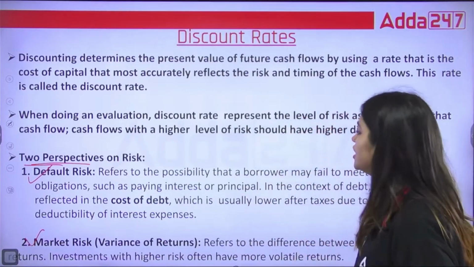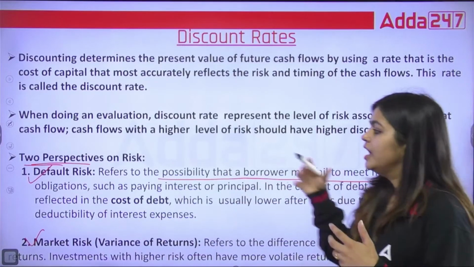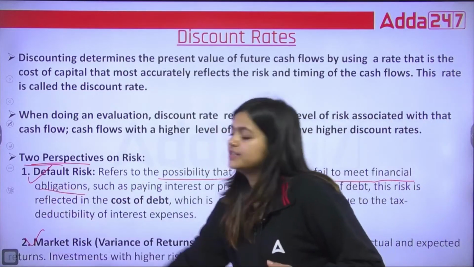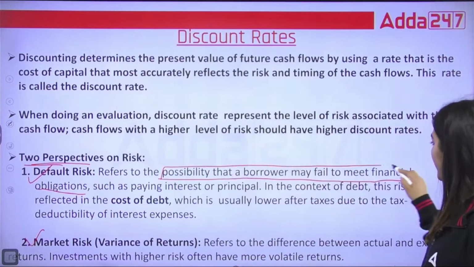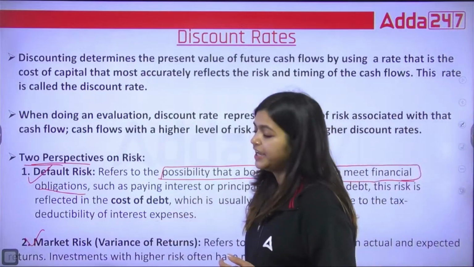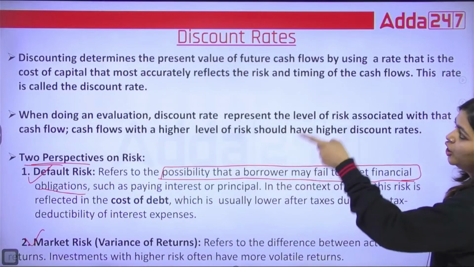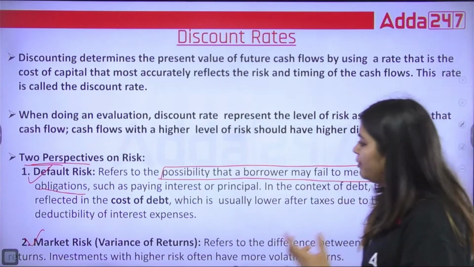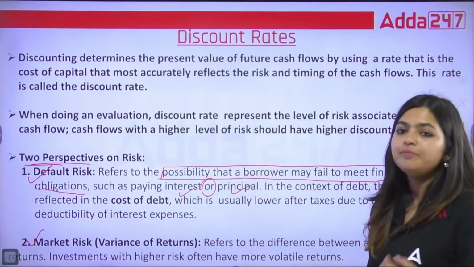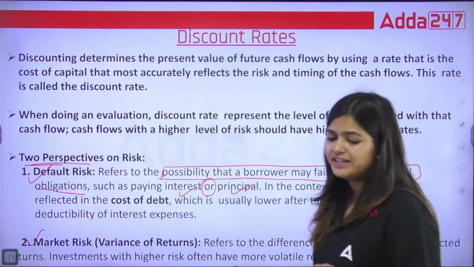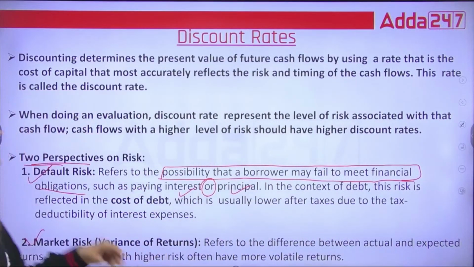We need to understand this and add this risk. The possibility that a borrower may fail to meet the financial obligations, whether while paying the interest or while paying the principal, we need to adjust in our discount rate.